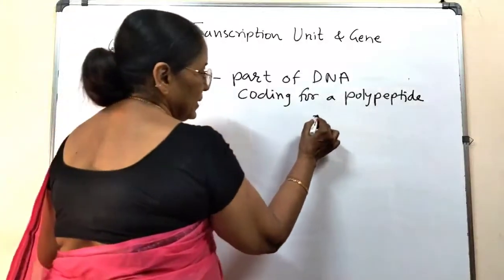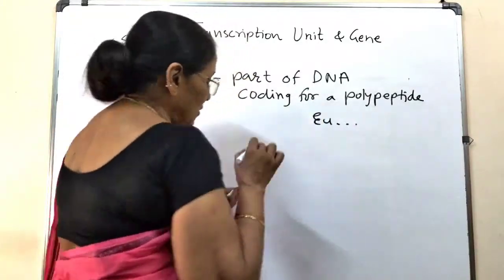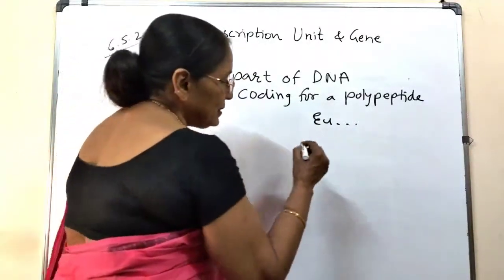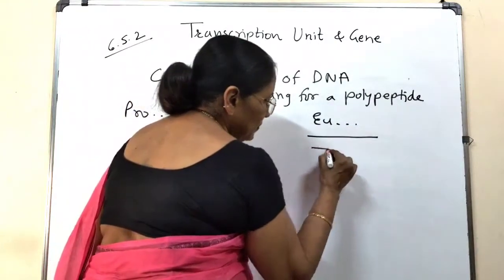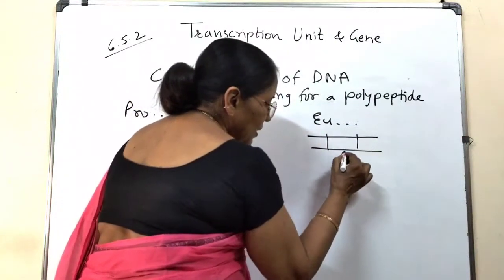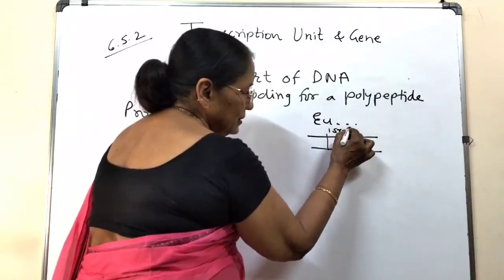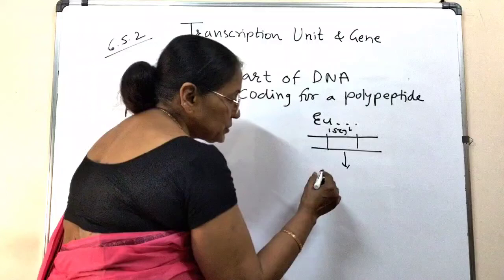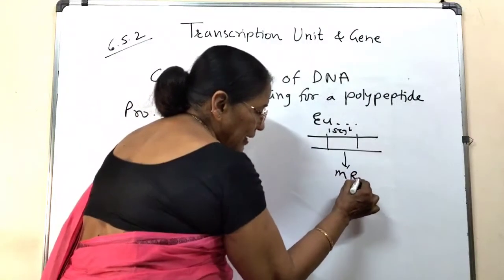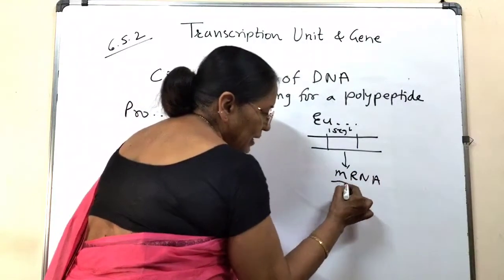In case of eukaryotes, this part of DNA which we call gene is going to form one mRNA.